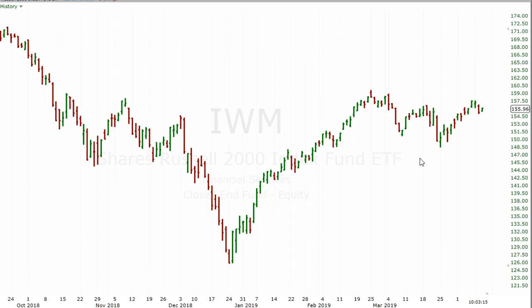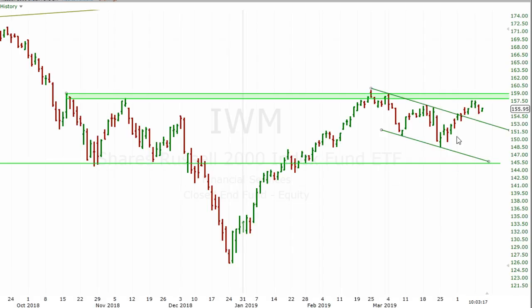Let me take a look at the IWM here. I think the Russell even broke out of this little channel here, but look at how the Russell is sort of struggling just to get back to where it was back up here with all this overhead resistance. And quite honestly, I've always said that the Russell 2000 is a bit more representative of the overall market than the S&P is.